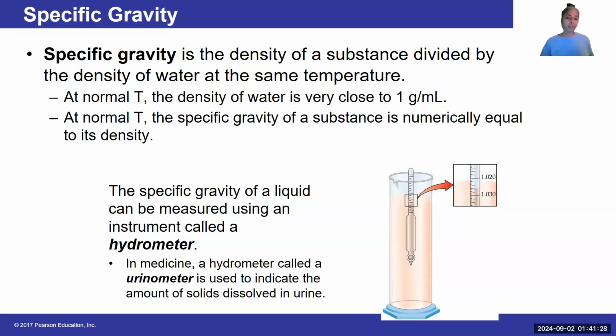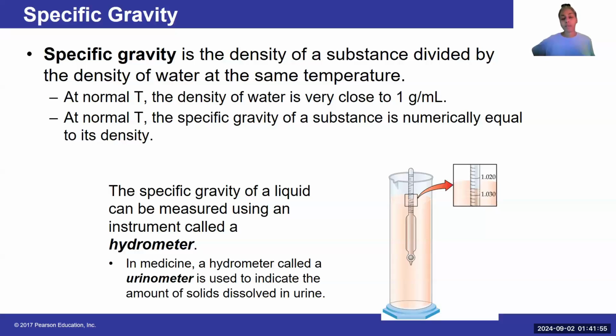Why is this important? When you go to the doctor's office and you give a urine sample, the specific gravity of the urine is measured to make sure that we have the right number of dissolved solids in urine. There's something called a hydrometer that is used to measure the specific gravity of that urine.